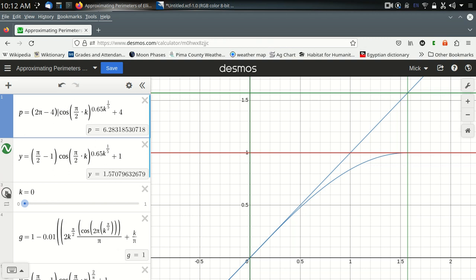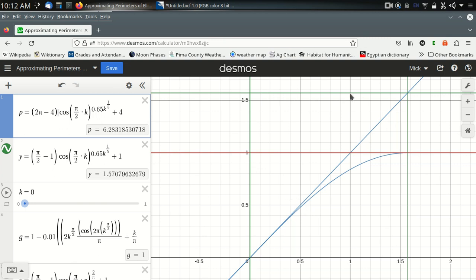But here, you can see what's happening. This red line is the exact equation, whose integral, if we could take it between this line, 0, and this line, pi on 2, would give us the perimeter of the ellipse exactly.